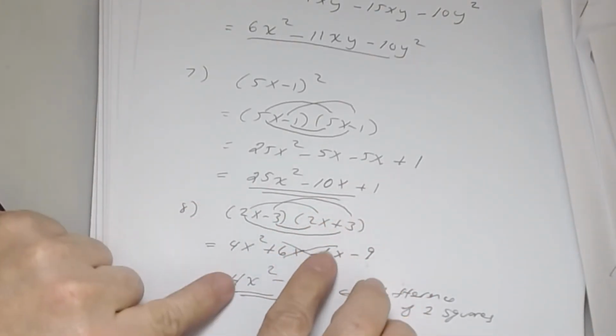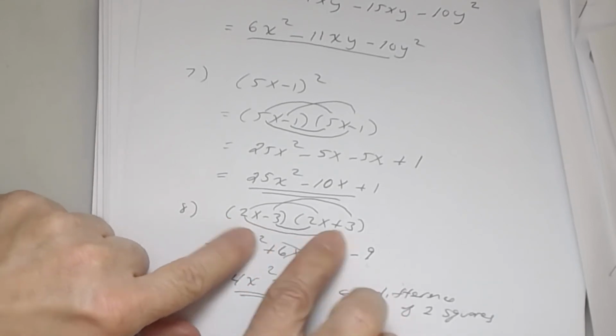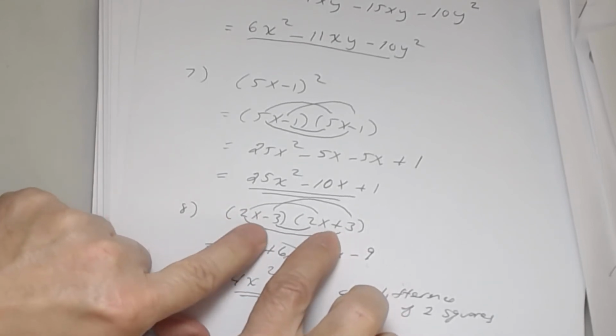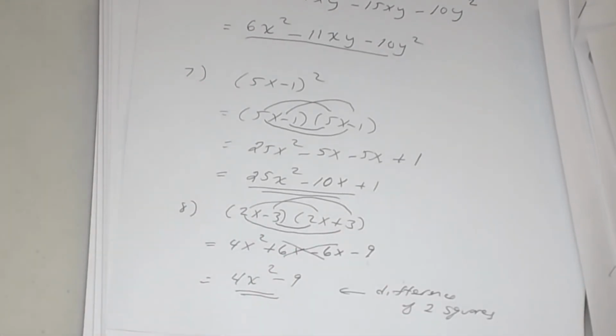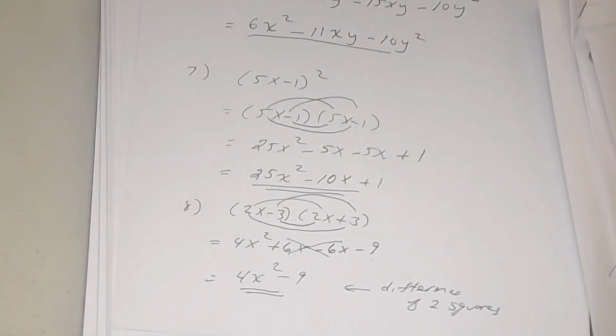You don't have to know this now, but what you're going to notice is that the terms in the binomials are the same except for the middle sign. 2x, 3, and what do you notice? Signs are different. So that gives you the difference of two squares. So you can see how that's going to play out when we get to that part. Those are the easy kind right here. Difference of two squares are the easy ones to deal with.